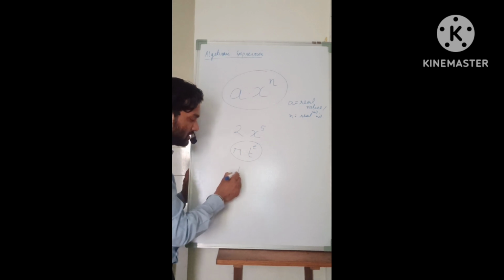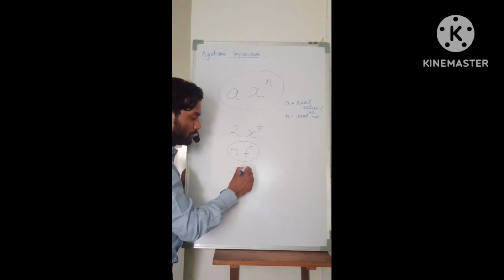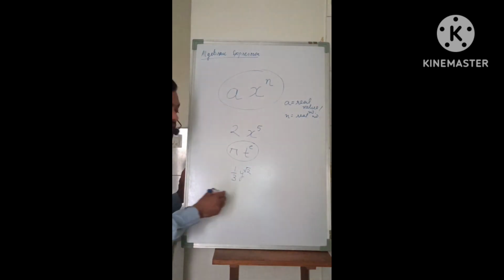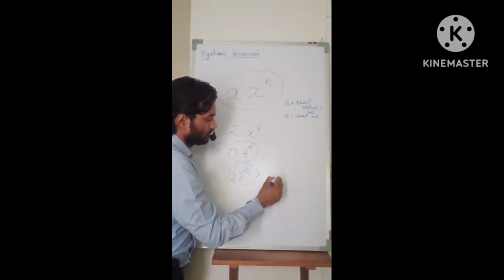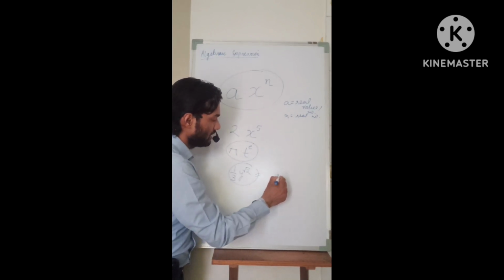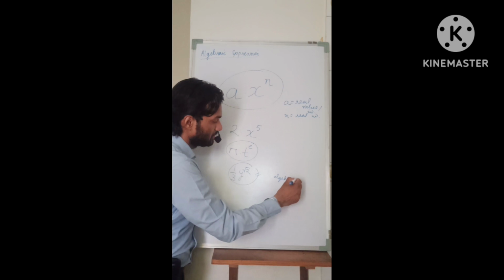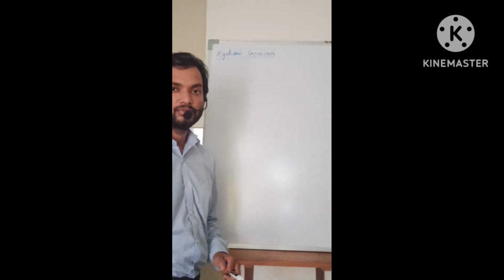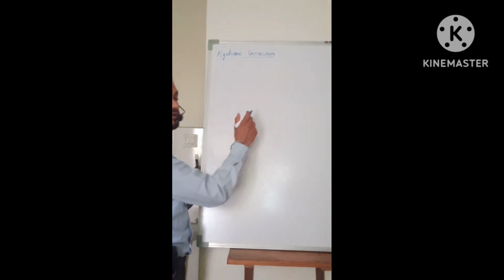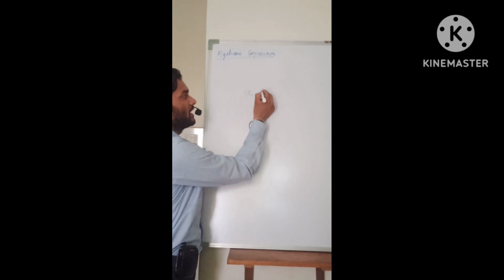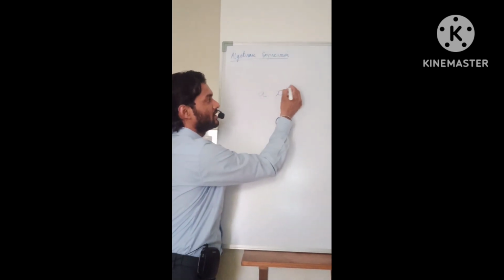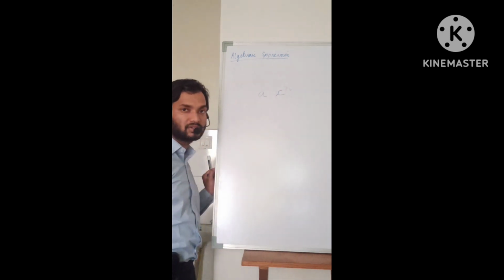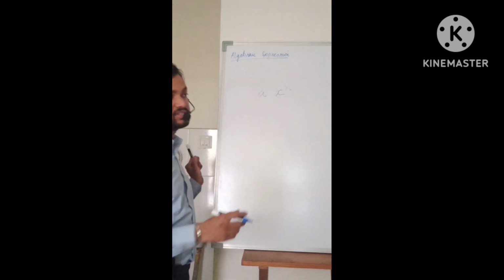Further, we can also write 1 by 3 y raised to root 2. This is also an algebraic term. Summing up, any expression of the form a constant multiplied with some variable, and the variable having a real power, is an algebraic expression.